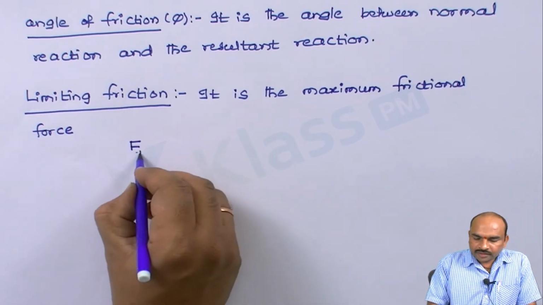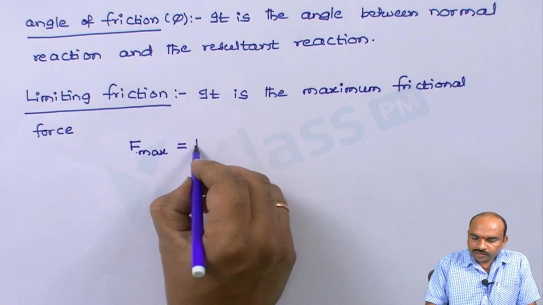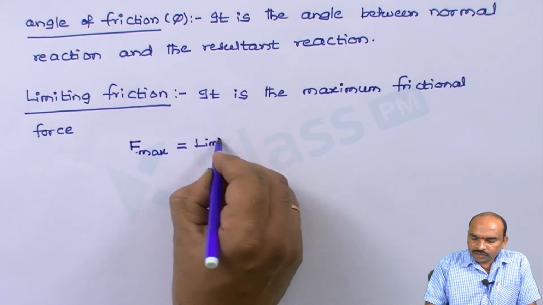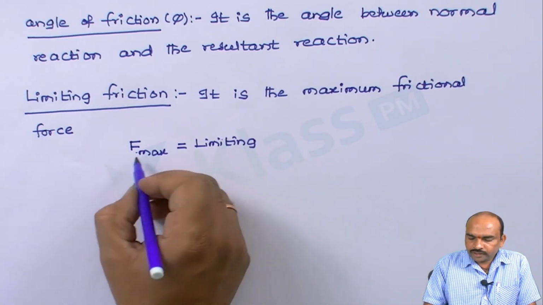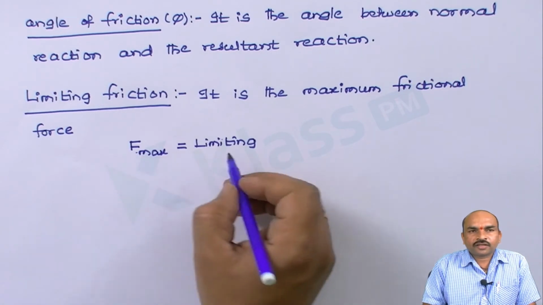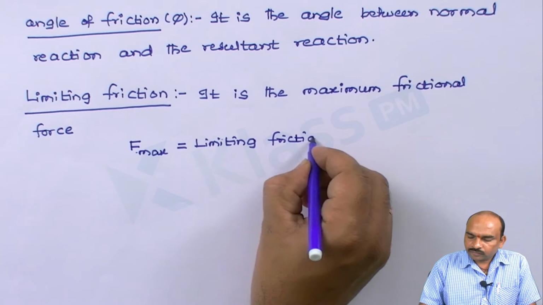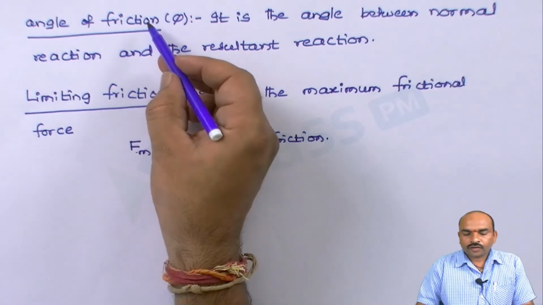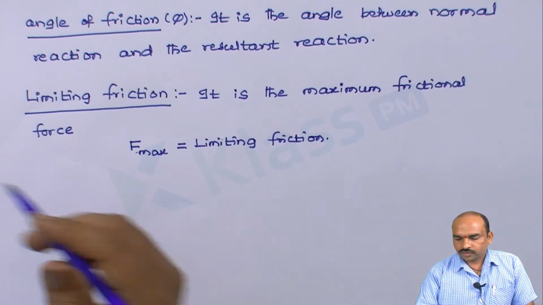This we write as F max. F max is nothing but the limiting friction, so in the equation we will be using F max, which means it is a limiting friction. So this is about the angle of friction and limiting friction.